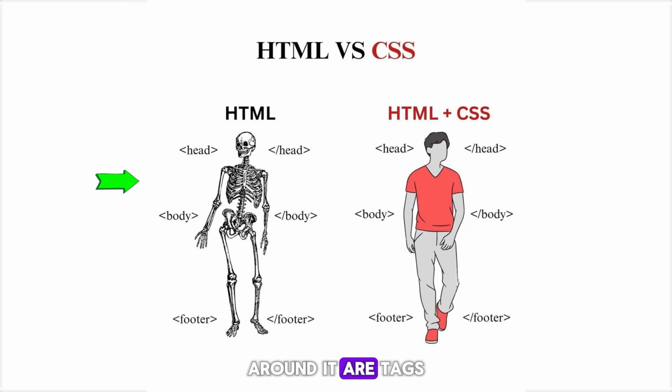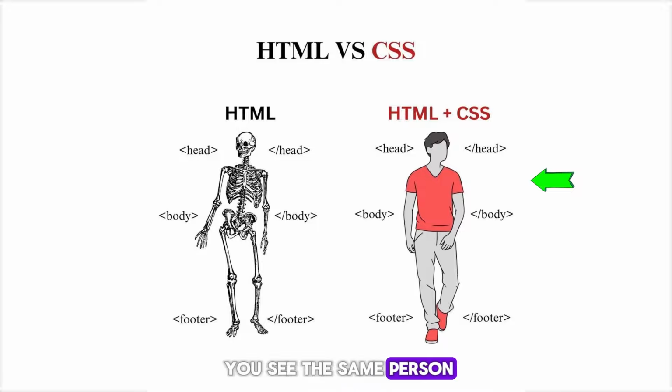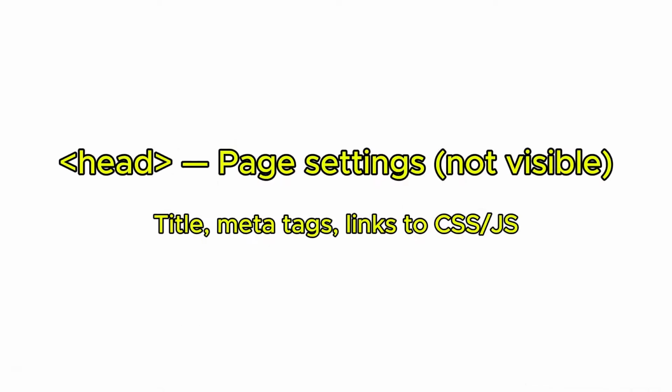Around it are tags like head tag, body tag, and footer. That is the HTML with the basic HTML structure. On the right you see the same person, but this time it's fully dressed. And that is HTML plus CSS.